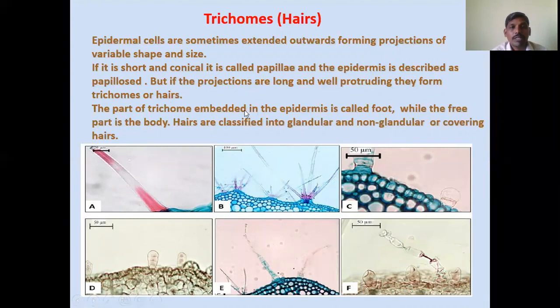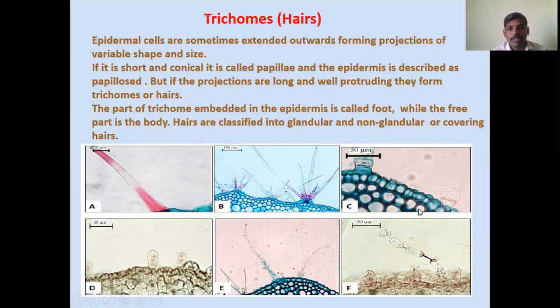The part of the trichome embedded in the epidermis is called the foot. The remaining free part of the trichome is called the body. Hairs are classified into glandular and non-glandular types, or sometimes covering hairs also.